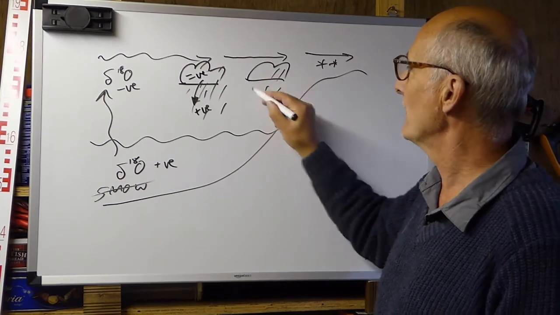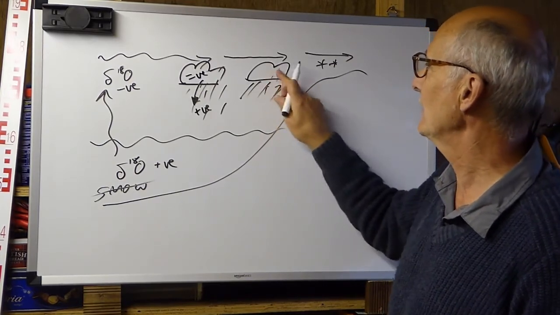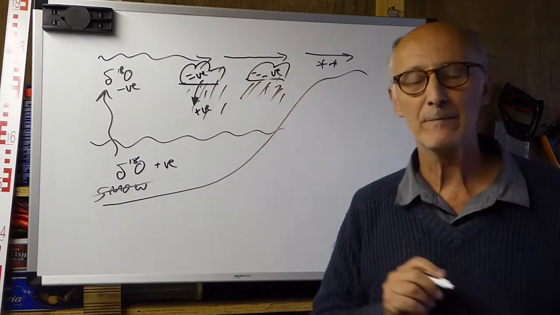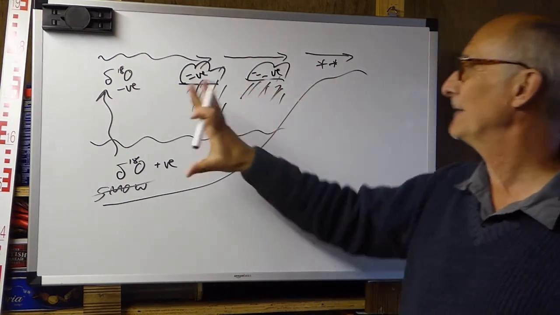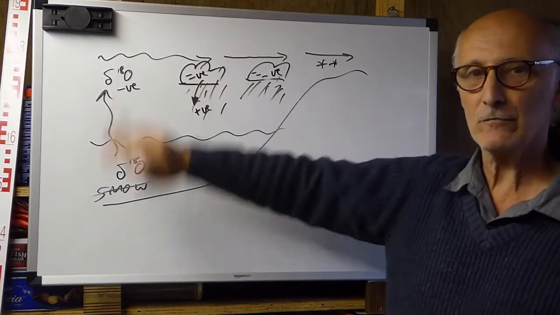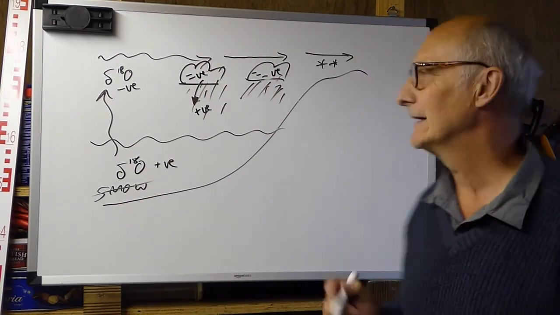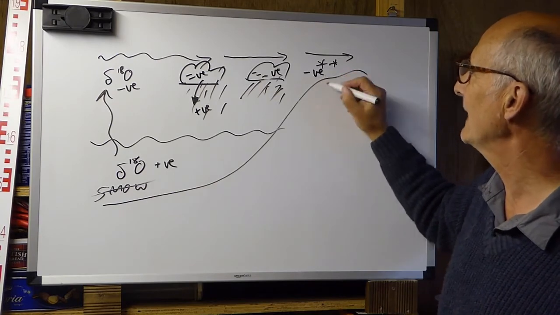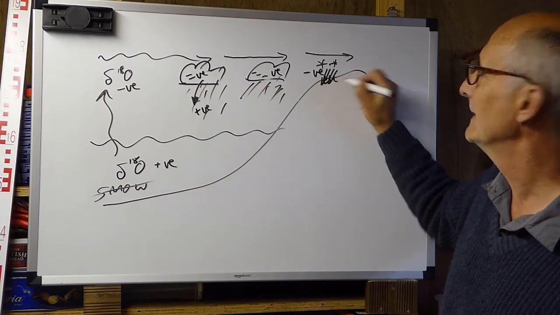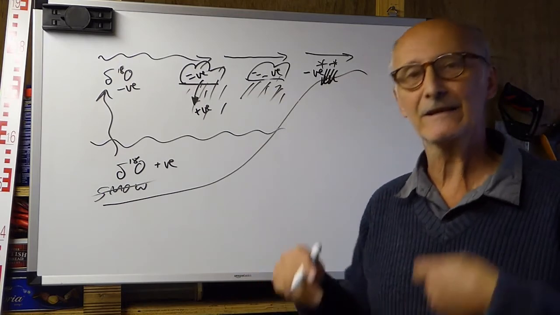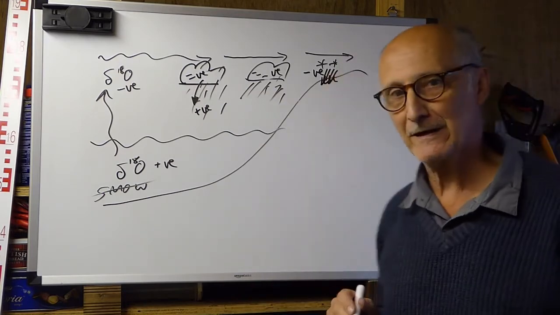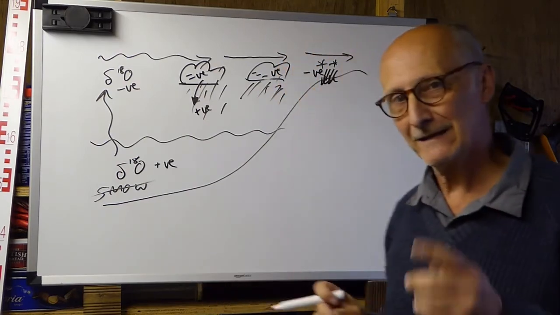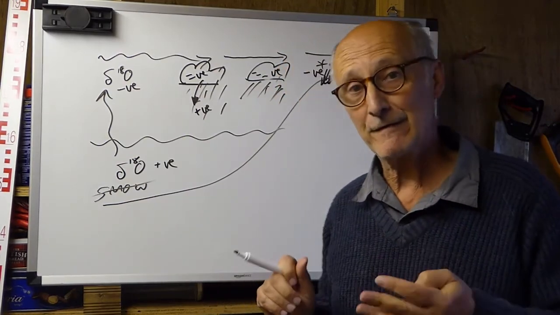And the more we rain or snow out of that vapour, the more negative that vapour becomes. Until eventually, a long way from the source, after we've rained or snowed out some of the material that was in there, we can get very negative values for precipitation at high altitudes, inland, at low temperatures, precipitating snow onto the ice sheets.